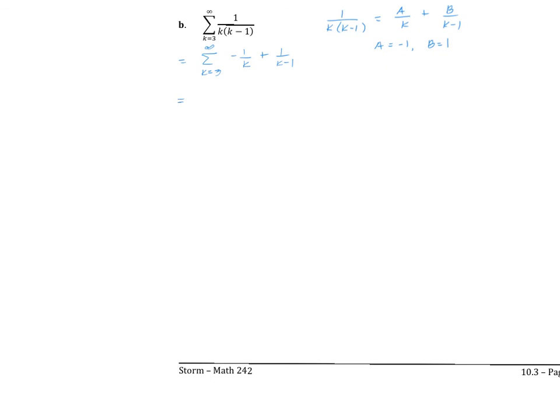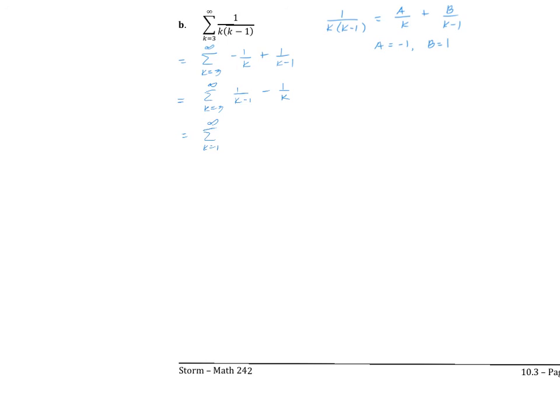Let me go ahead and rearrange this. So I get 1 over k minus 1 minus 1 over k. And then notice I'm also starting with k equal to 3. Maybe I want to start with k equal to 1.